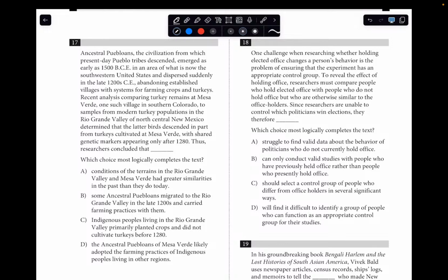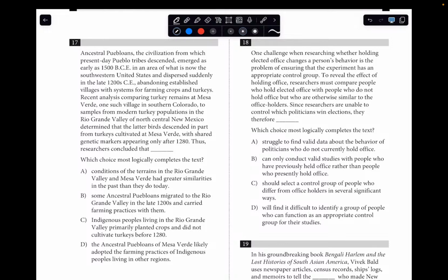Recent analysis comparing turkey remains at Mesa Verde, such as one village in southern Colorado, to samples from modern turkey populations in the Rio Grande Valley of north central New Mexico determined that the latter birds descended in part from turkeys cultivated at Mesa Verde, which shared genetic markers appearing only after 1280.